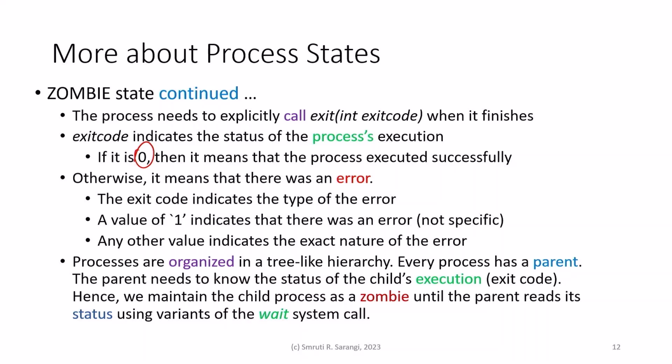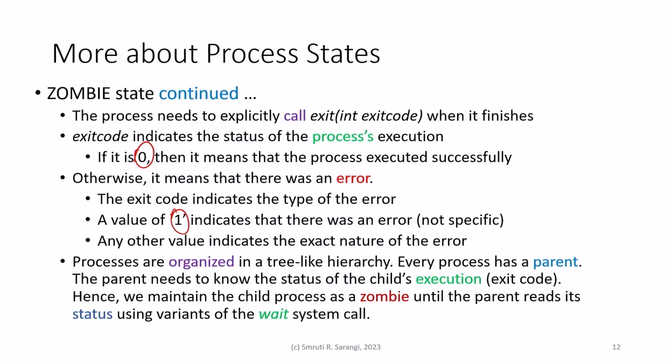This is more like a convention, but a lot of kernel tasks and so on use this more as a rule. Think of it as sort of between a rule and a convention. Otherwise, the exit code indicates the type of the error. One refers to a non-specific error, meaning something happened, but I'll not tell you exactly what. Any other value will give you the precise reason for the error.